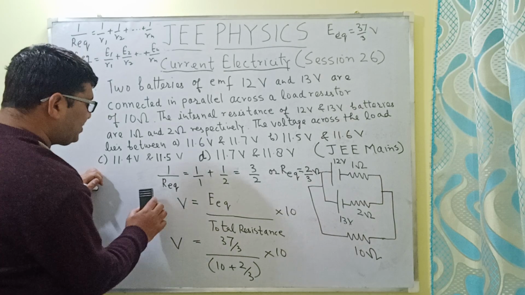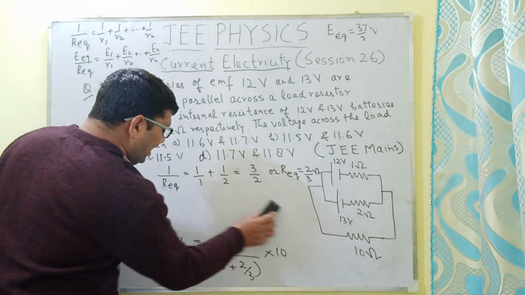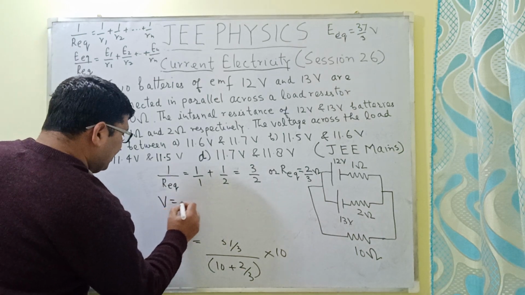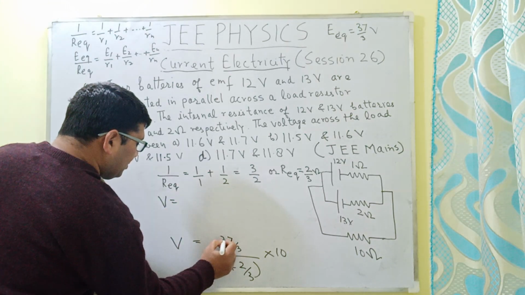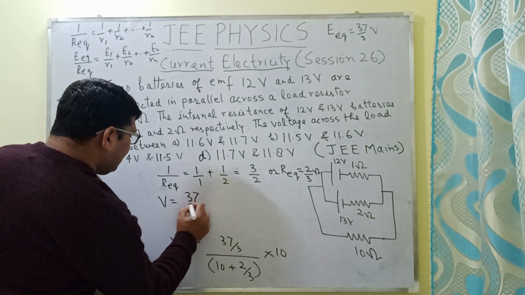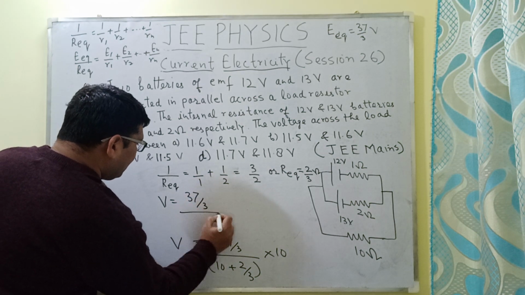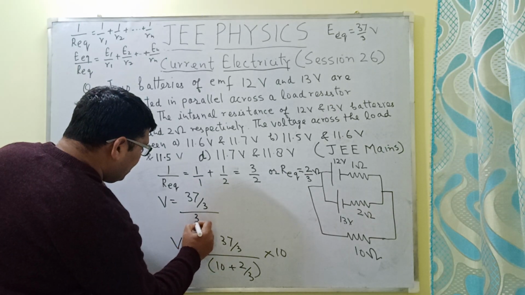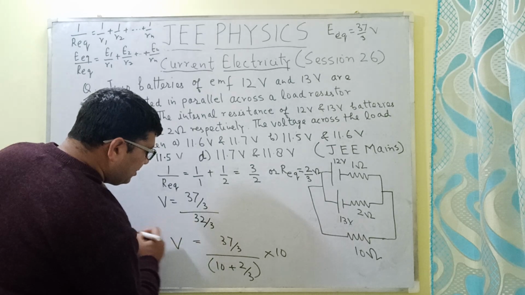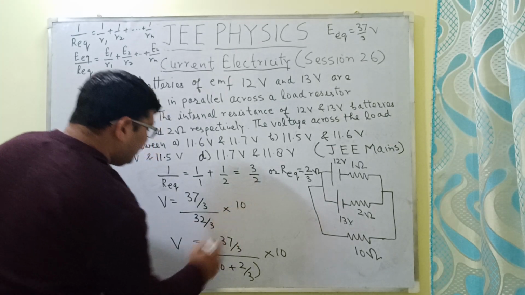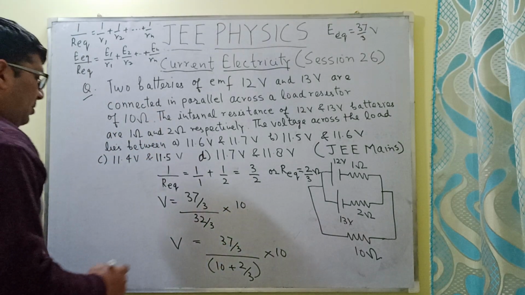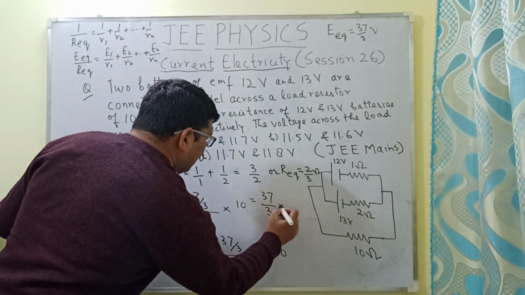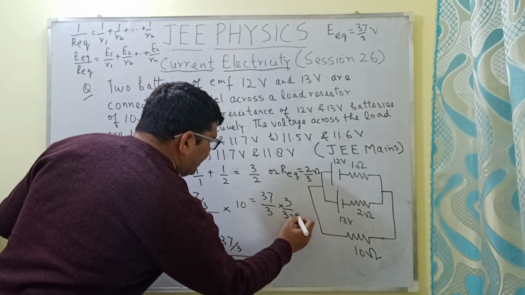By solving this equation, we will get V equal to 37 divided by 3, and this will be equal to 30 plus 2, that is 32 by 3, into 10. So this is equal to 37 by 3 into 3 by 32 into 10.